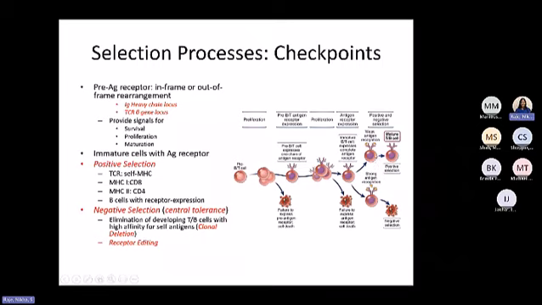If it can undergo that receptor editing successfully, then it will make a receptor that's not as tightly bound, and then it's going to mature. So that's your mature T cell and B cell that are going to be developed at the end of these selection processes.